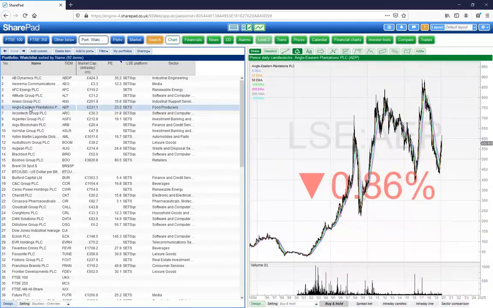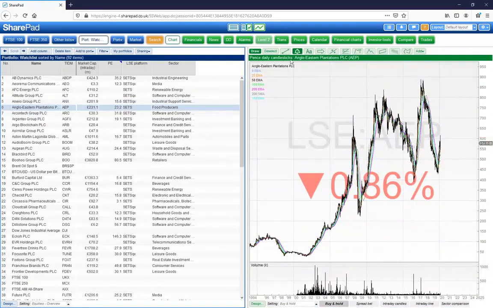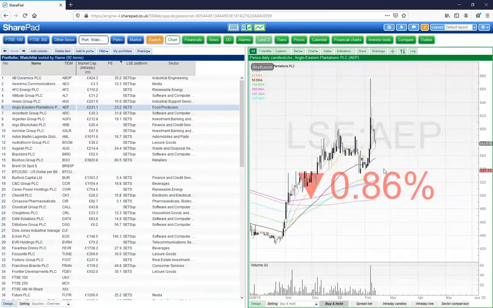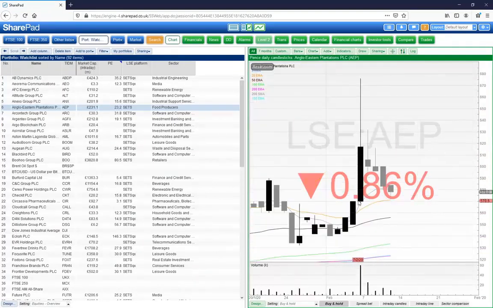So Anglo Eastern Plantations, this was one of Simon Thompson's tips recently. We can see there's the day of the tip, there's the move. It's come back a bit now, but one thing that we know about this stock is when it's in Bargain Shares, Simon will repeatedly tip this, and you can make money on his tips.